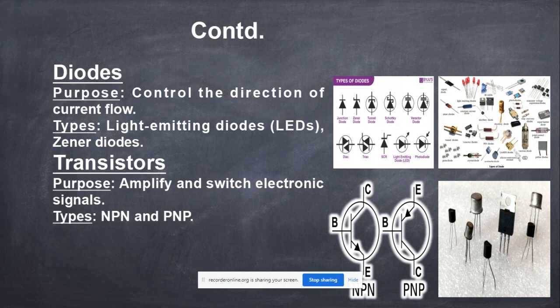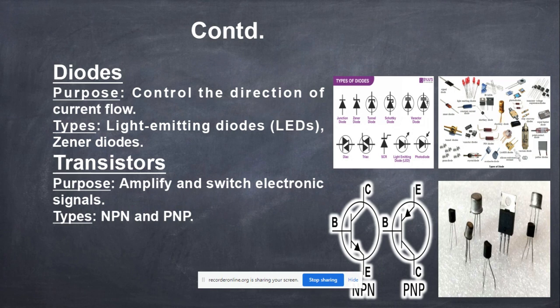Simply, we can see the junction diode, Zener diode, tunnel diode, Schottky diode, varactor, diac, triac, SCR, LED, photodiode. And this one is the pictorial view of the diodes.